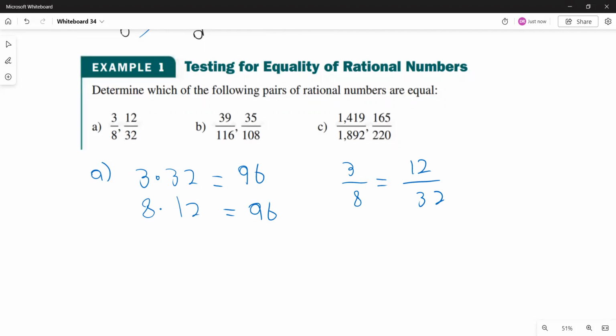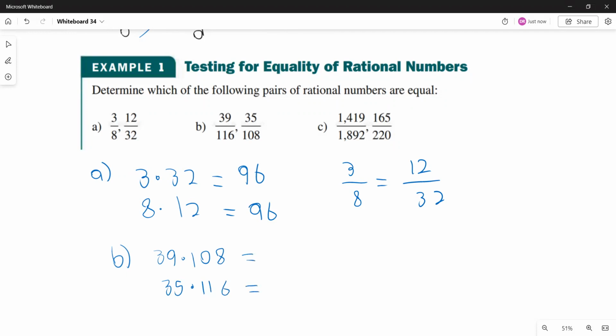The next one is 39 over 116 and 35 over 108. So let's do the cross products: 39 times 108 and 35 times 116.